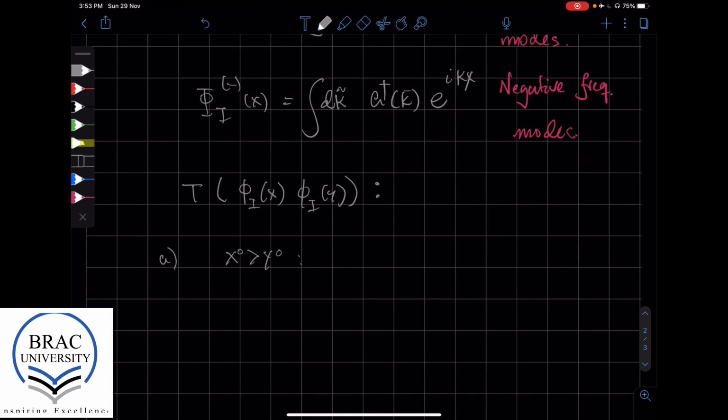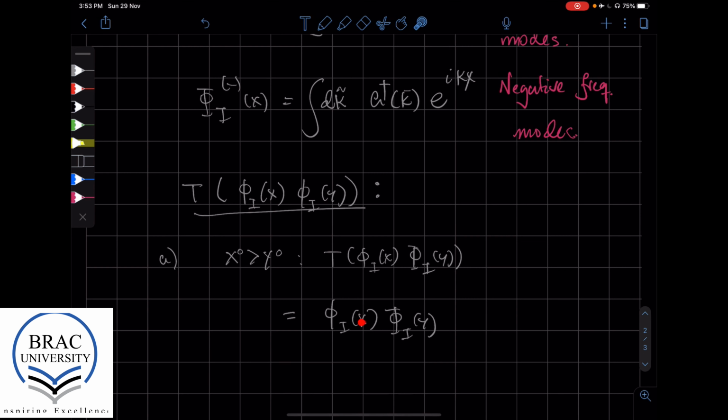In that case, T of phi I of x and phi I of y is automatically phi I of x, phi I of y. And that's because x0 is in the future of y0, and this is time ordered.